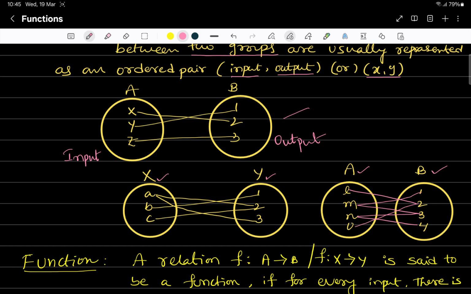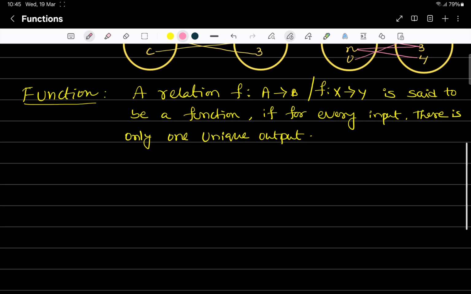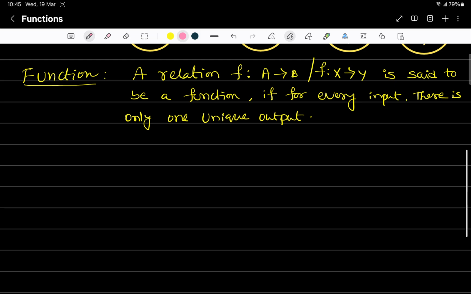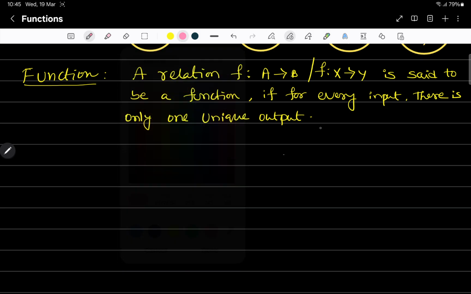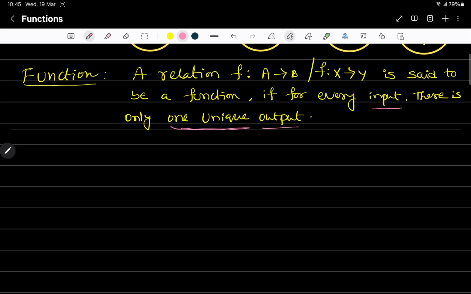Now come to the definition of a function. What is a function? A relation between two groups like A and B, or you can say X and Y, is said to be a function if for every input there is only one unique output.